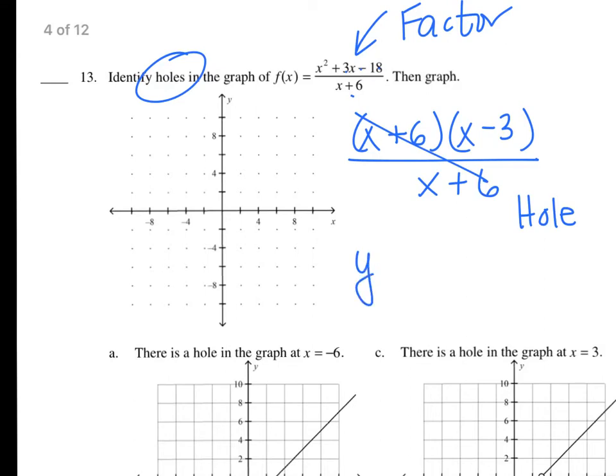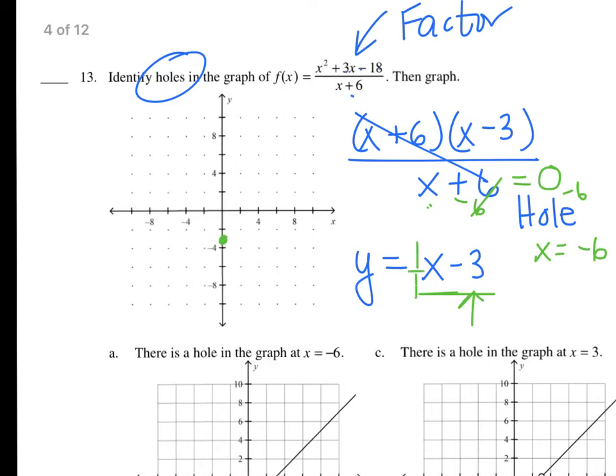So we have to graph the function that's left, which is x minus 3, and we'll put a hole through the graph where the denominator is undefined. So what value of x would make the bottom equal 0? Well, if you set it equal to 0 and solve, we'll see that the hole will be at -6. So what we are going to do is graph this equation and put a hole when x equals -6. So we'll start down 3 because that's our y-intercept.